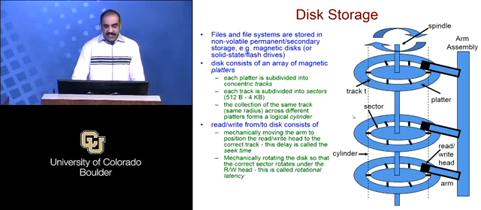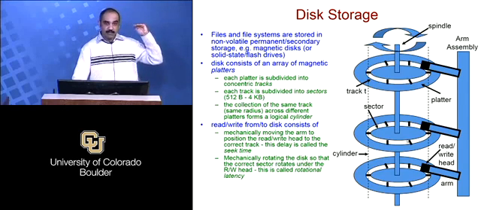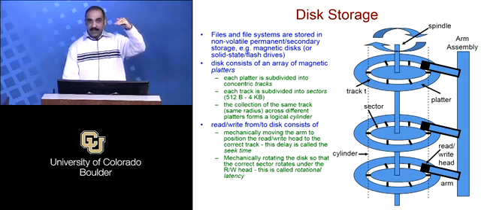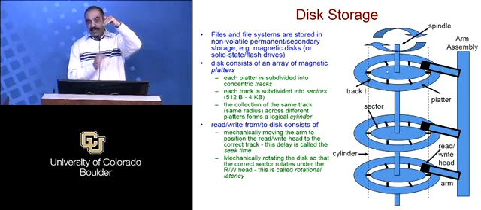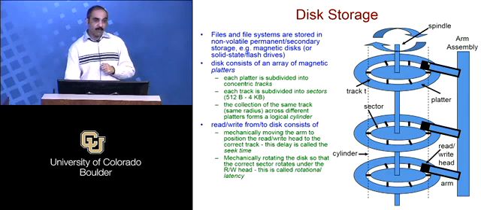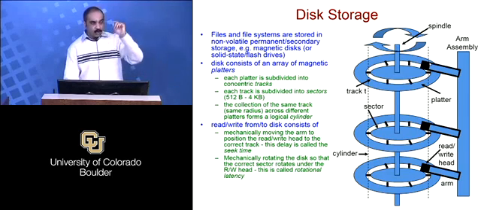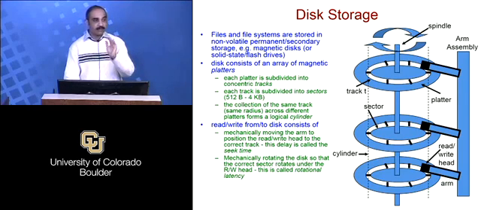Whenever you want to read or write from the disk, the first thing you have to do is move the arm to the right track. Once you have gotten to the right track, you have to wait, because each platter is spinning, for the sector to roll under the arm. Once that sector comes under the arm, you can start reading it.